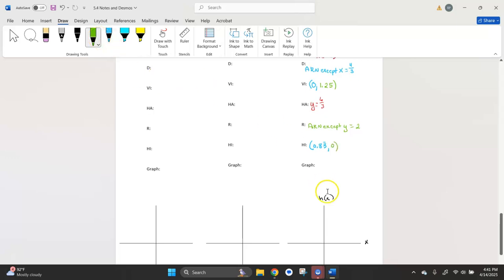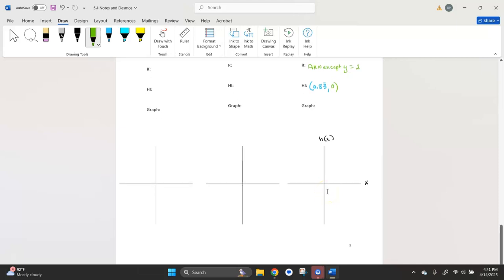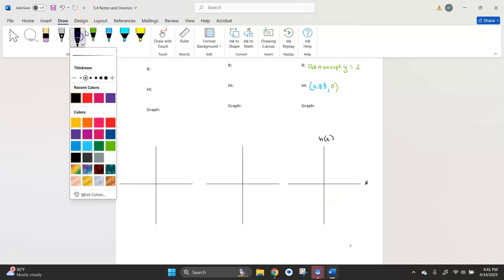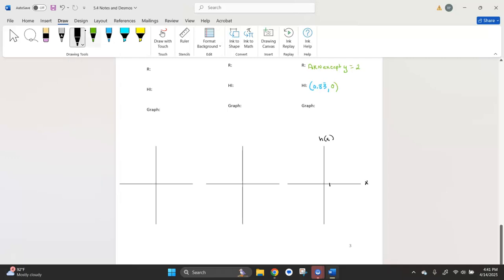Okay, so now we know how we can scale this, so we don't have to go too far. We really just need to go maybe count by 0.5s. Remember, scaling is very important.